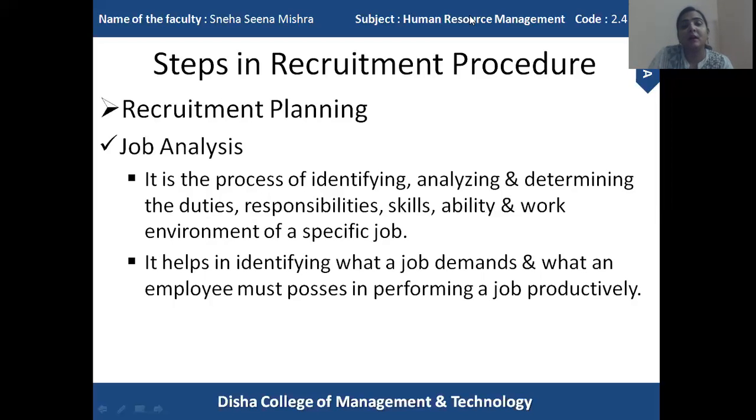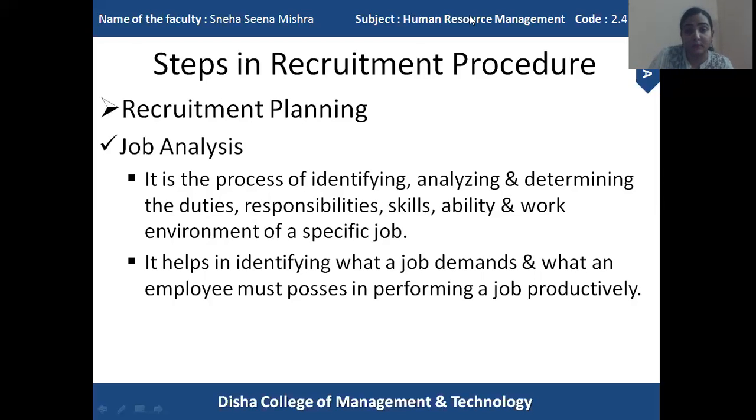Creative people can get an idea at any point of time. So they need a proper environment where they can relax, where they can think about various ideas, various perspectives. So for creative kinds of jobs, a different kind of work environment is required.